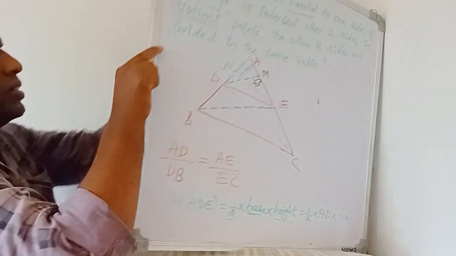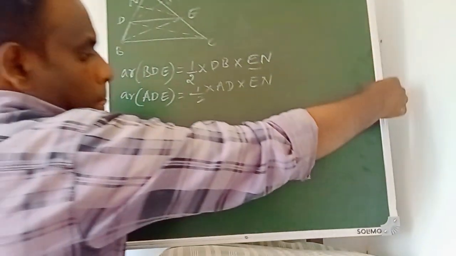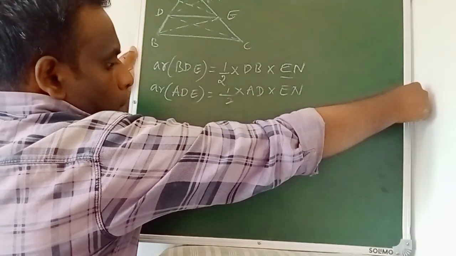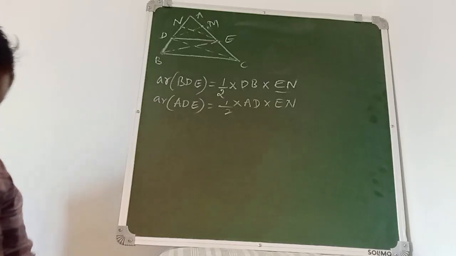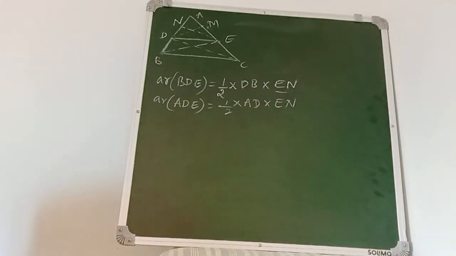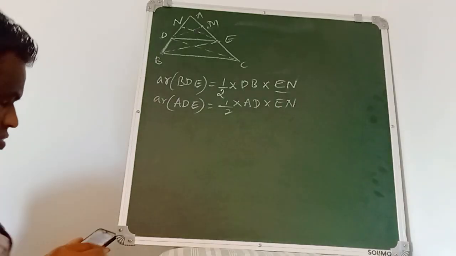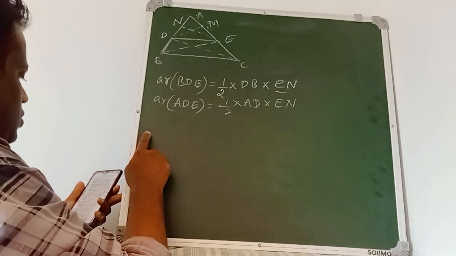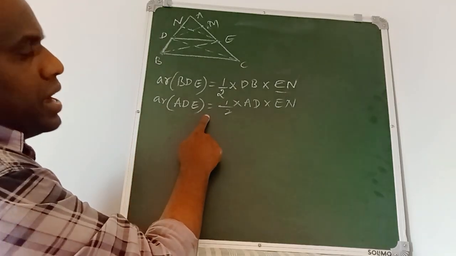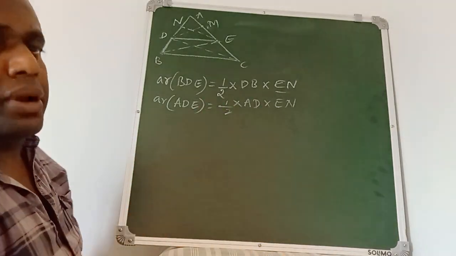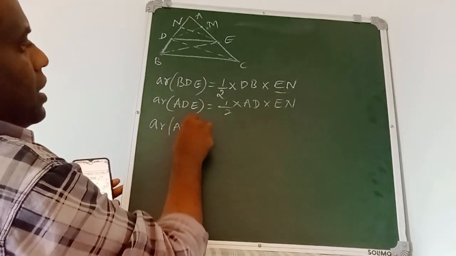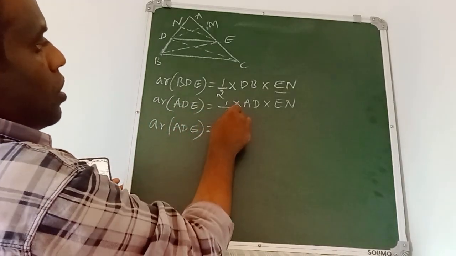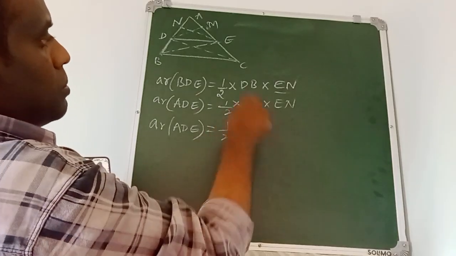The same thing I have written once again. Now this area of ADE can be written in a different format also. I will show that. Area of triangle ADE is equal to half into base.